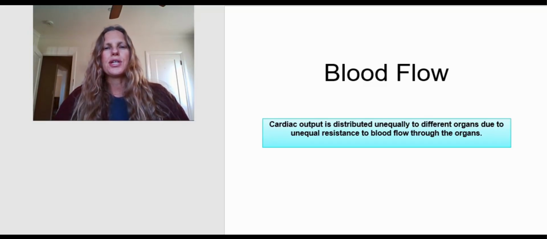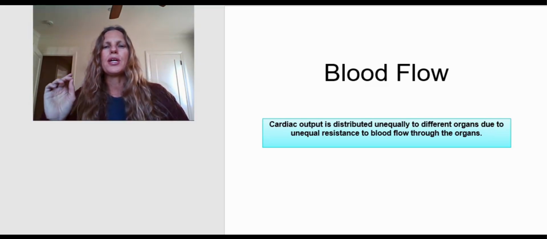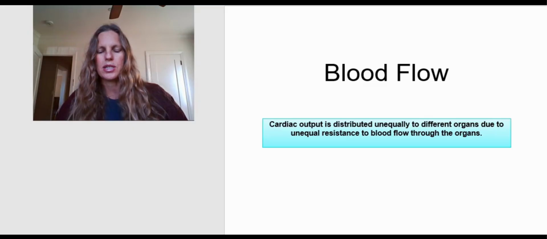So what we have to understand is that your cardiac output is distributed unequally throughout different organs due to what's happening in terms of resistance to blood flow through those organs.